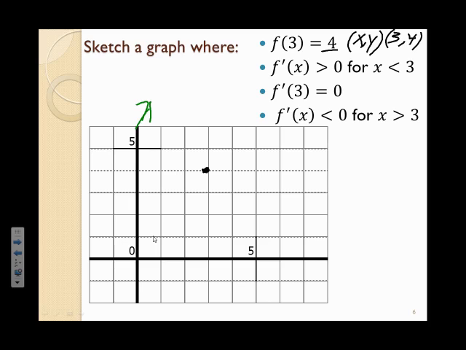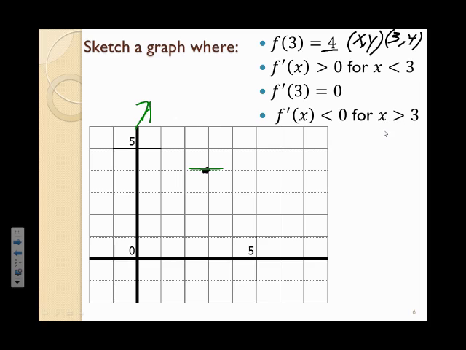Then at f'(3), the first derivative at 3 is equal to 0. So we know here the slope is going to be 0. We could draw in just the tangent line, as a reminder that the slope is 0. And now f'(x) is less than 0, which means it's negative, when x is greater than 3.